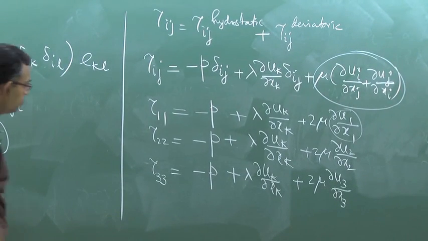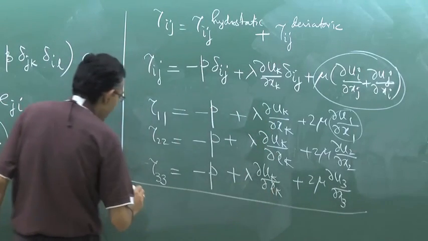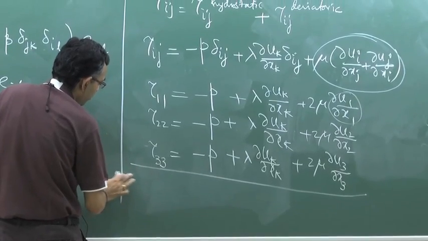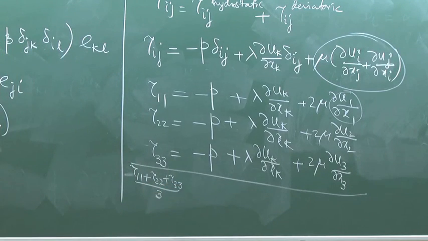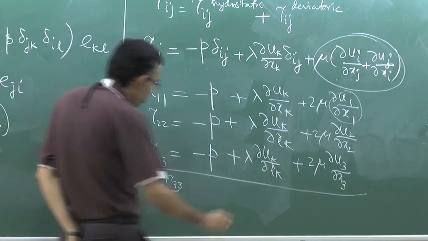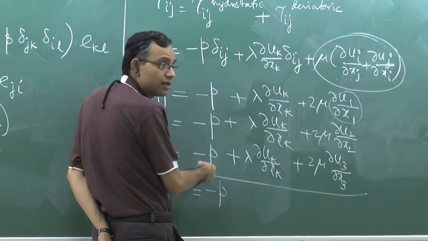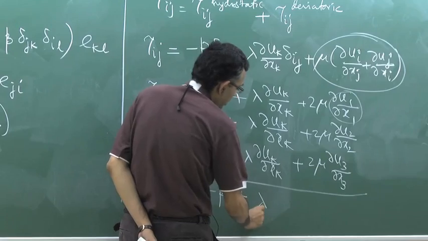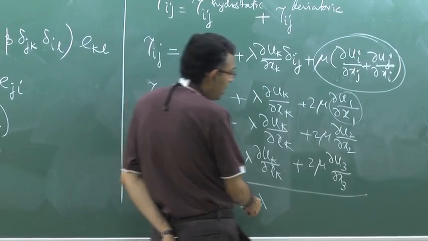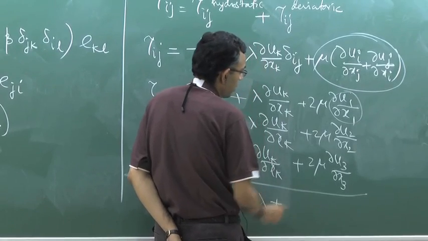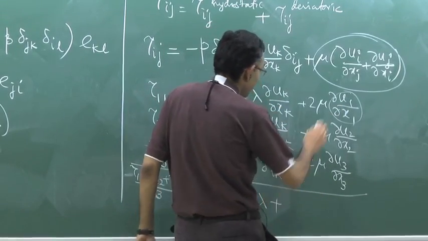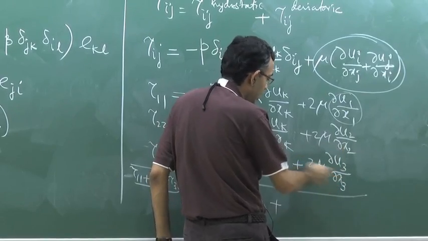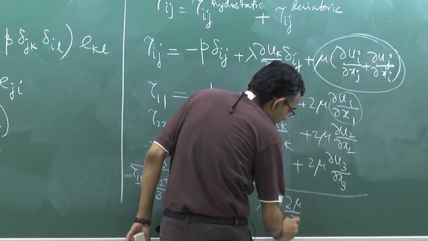So now if we want to find out minus what is tau 1 1 plus tau 2 2 plus tau 3 3 divided by 3, the average of the normal component of stress, that is equal to minus p, this 3 divided by 3, plus lambda, 3 lambda divided by 3 is lambda, plus two mu into del u 1 del x 1 plus del u 2 del x 2 plus del u 3 del x 3, that is del u k del x k, that divided by 3.